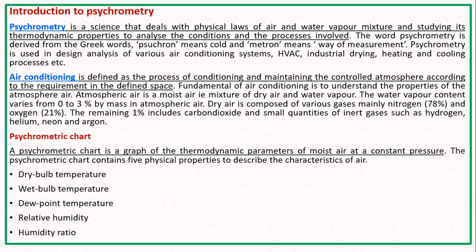Next, see what is air conditioning. Air conditioning is defined as a process of conditioning and maintaining a controlled atmosphere. That means depending on the weather conditions existing and the required condition, we undergo some processes, and that is known as air conditioning for comfort.